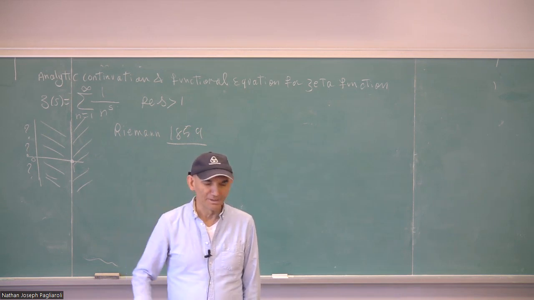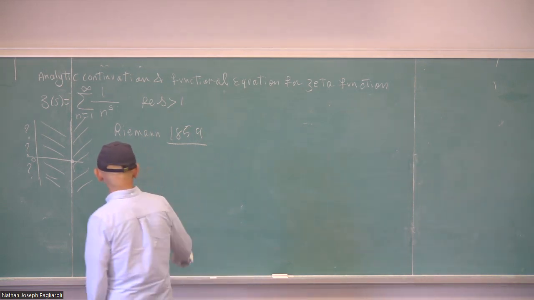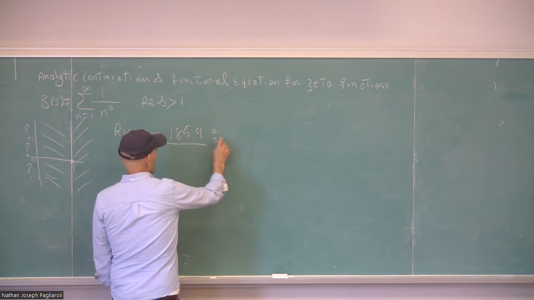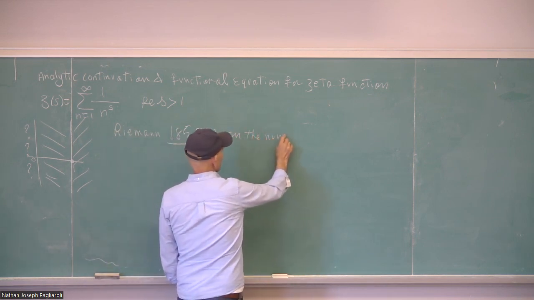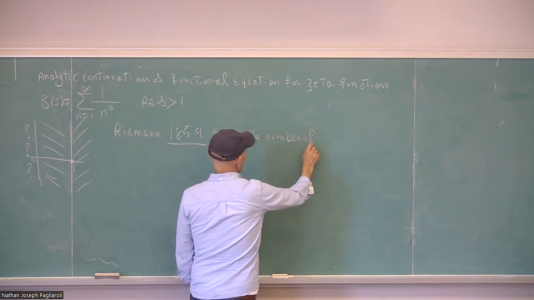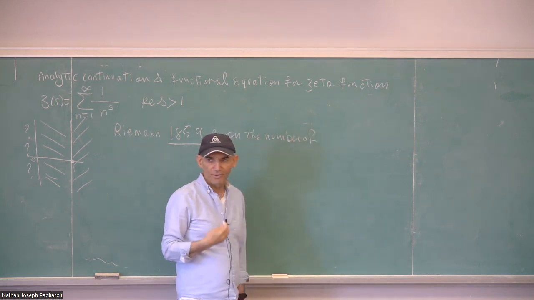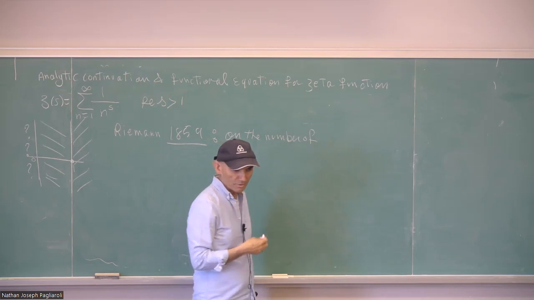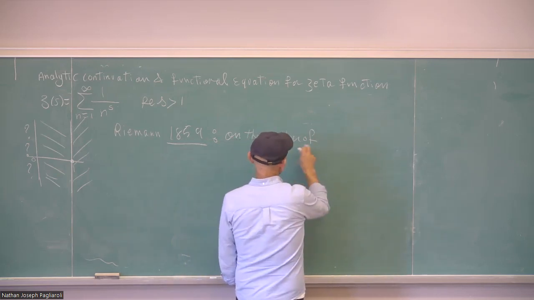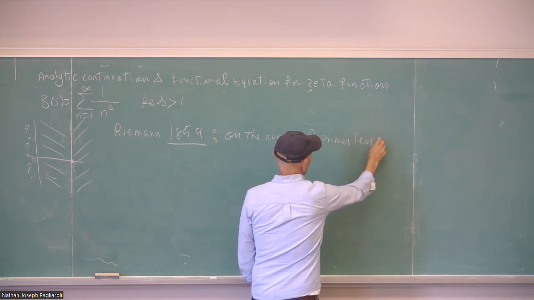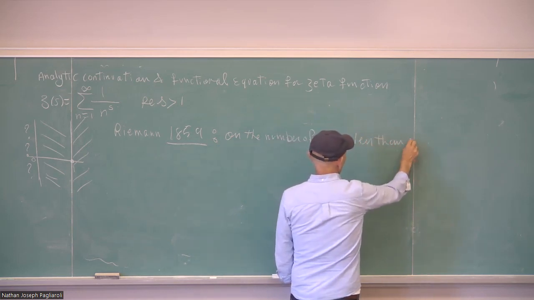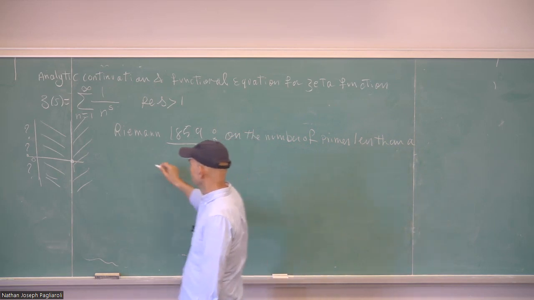This is a paper of Riemann. It's called On the Number of Primes less than a given magnitude.